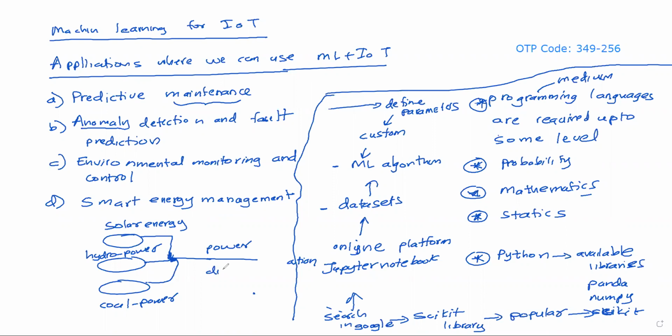Sometimes we can do that manually using certain algorithms, but the machine learning algorithm can predict what energy will be available in the future and what energy will not be available. Based on that prediction, it will decide what energy is best to be used at the current moment.